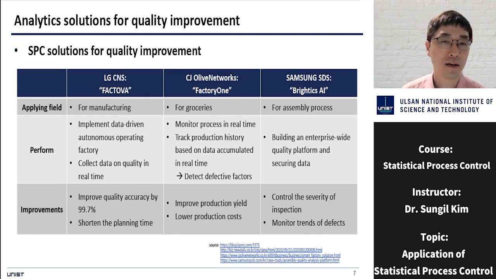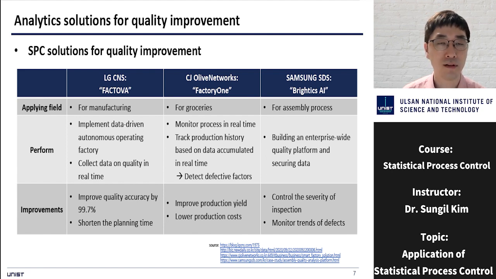Because of the importance of SPC, many industry players developed their own analytics solutions and operate them to monitor the status of quality and to improve the quality of their products.